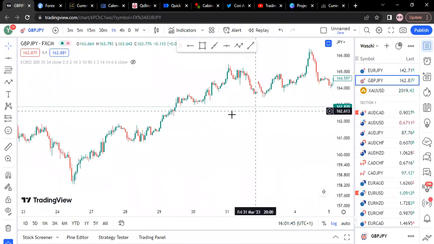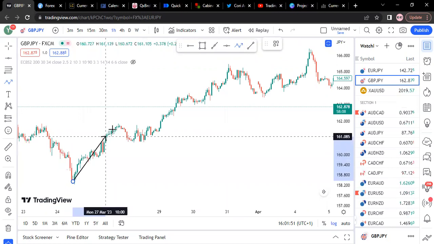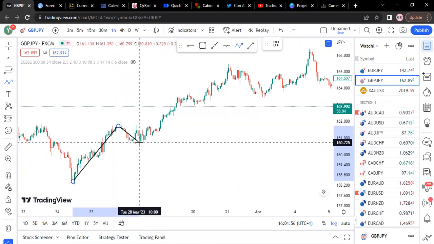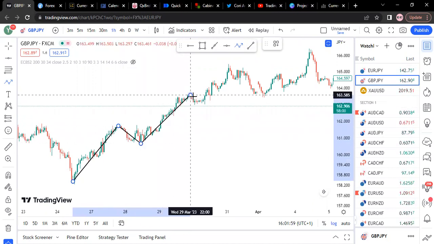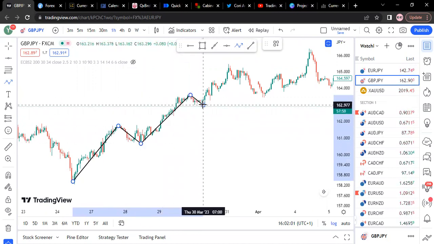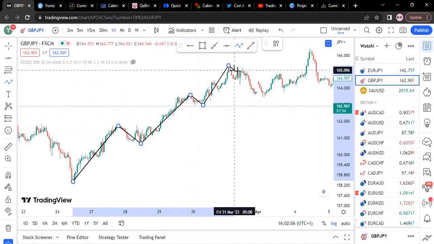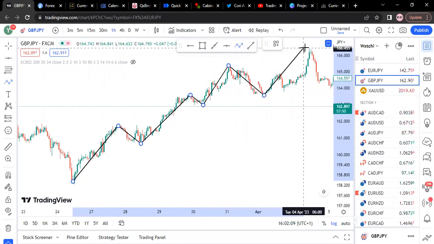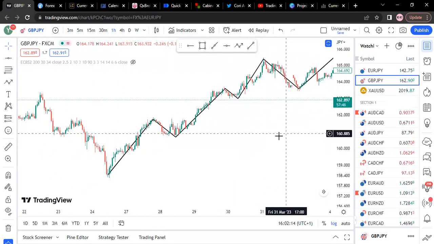So a trending market is a market that prints a high, then a low, a higher high, a higher low, a higher high, a higher low, and a higher high. Now, this is the idea behind a trending market.